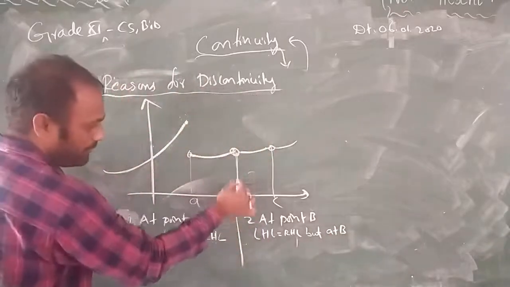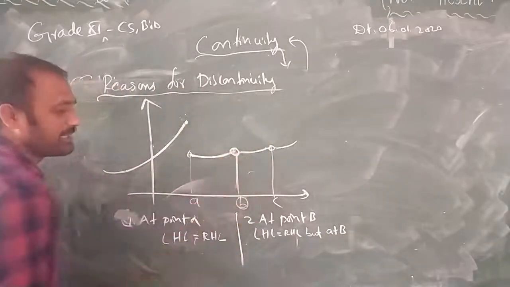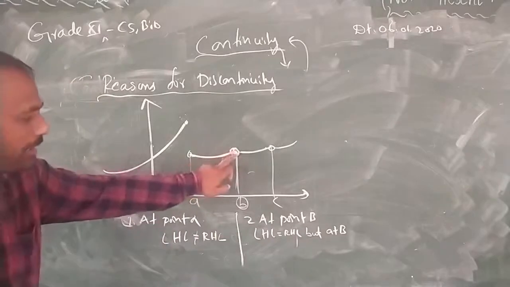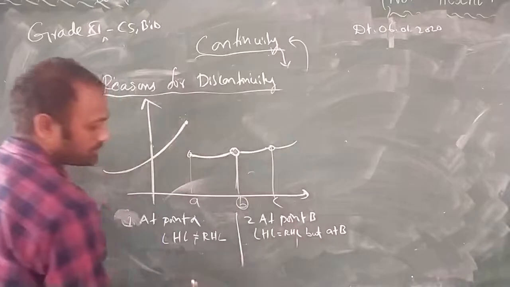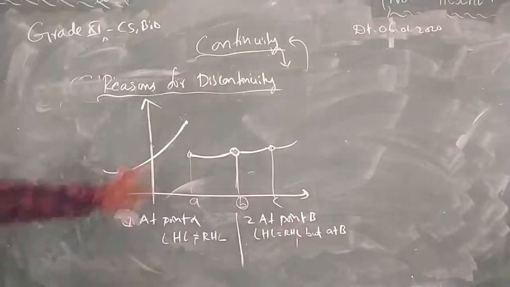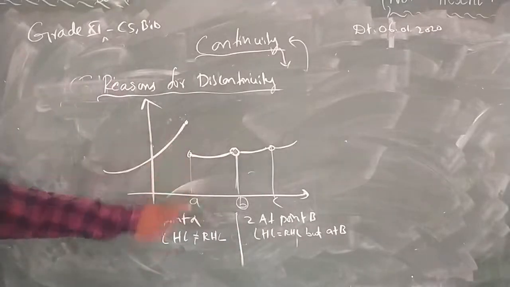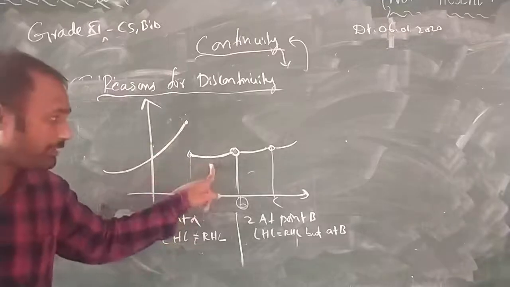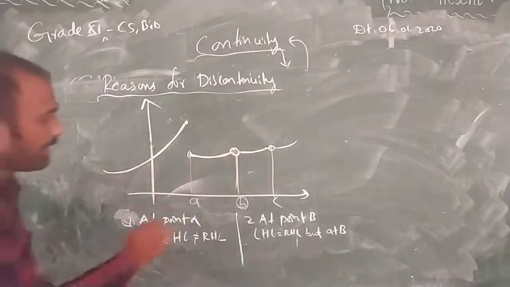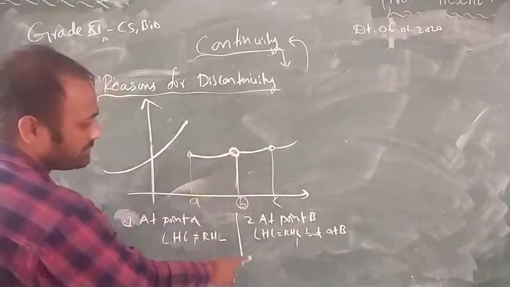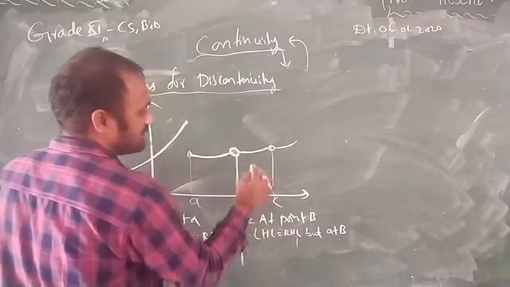At point B the function will be discontinuous, since there is a circle there. In the previous case the left hand limit and right hand limit were not equal, that's why it was discontinuous. Here the left hand limit and right hand limit are both equal, but it is having a break. That's the reason we can say that it is discontinuous.